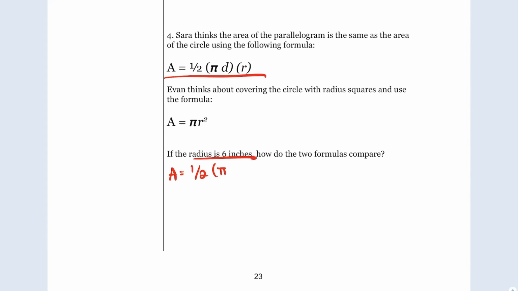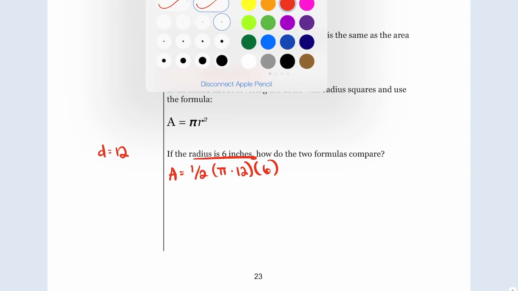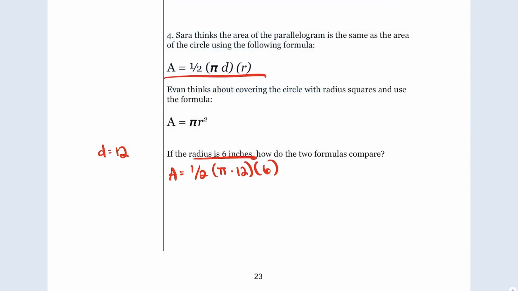If the radius is 6 inches, that means the diameter is 12. So I'm going to multiply pi times 12, and then multiply by the radius again. And for Evan's formula, yes, he helped me write this lesson, we're going to do the normal circular area formula, pi times your radius squared.